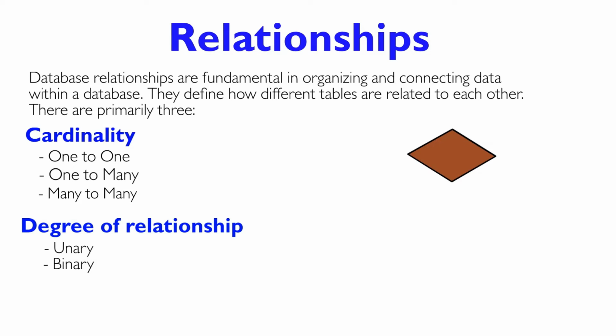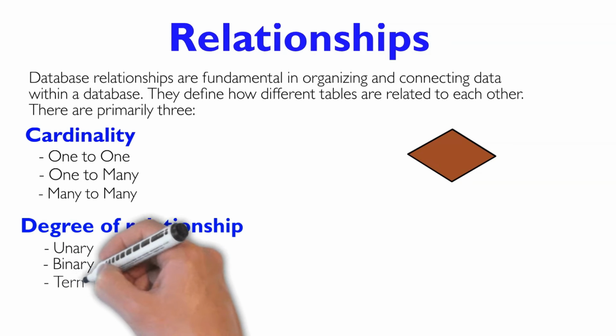So you could have a relationship like teacher teaches student. So that would be an example of a relationship, and that would be represented in the diamond on the ERD. You may have a relationship between students and courses, right? So each student can enroll in multiple courses, and each course can have multiple students.